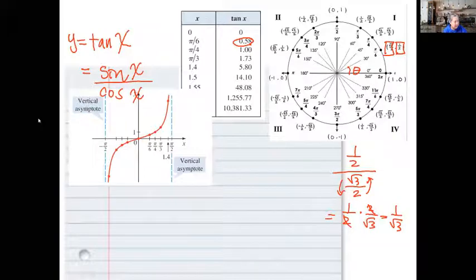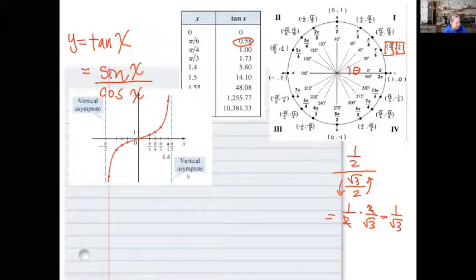So when x is 0, the tangent x output is 0. And when x is pi over 6, it's a little bit higher than a half, and once you get to pi over 4, that's 1 unit high, and pi over 3 is plotted as 1.73.